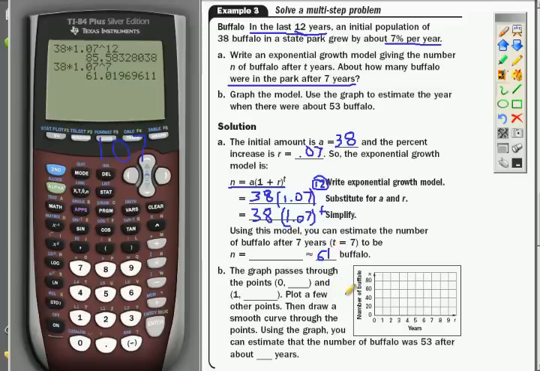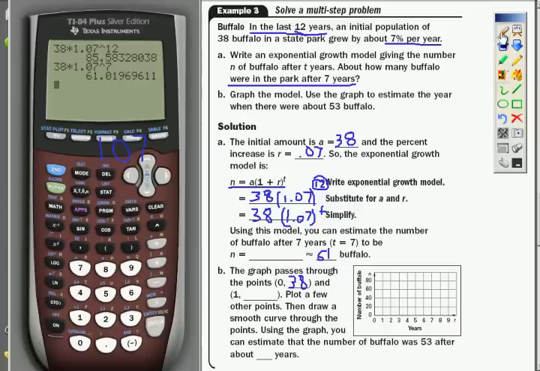Now, the graph, when I graph this thing, if I had 0, if nothing happened, if no time passed, how many buffalo would I have? I think everybody in the room would say, of course, it's got to be 38. Nothing happened. You still have 38. That makes sense. If I put 1 in there, then I have that 1.07 times 38, because 1.07 to the first power.